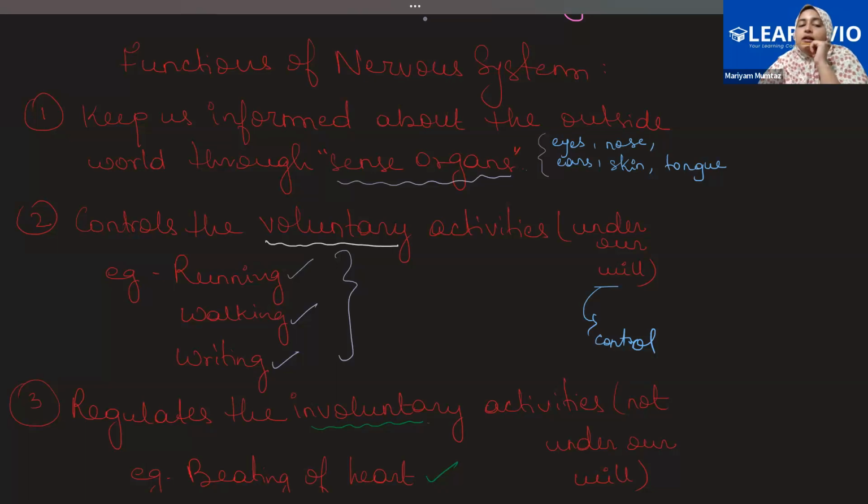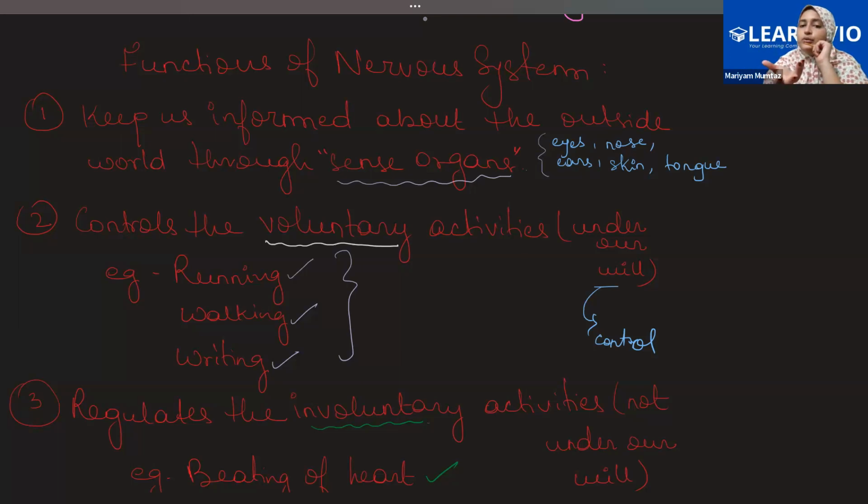Now, the second function of the nervous system is that it controls the voluntary activities. If I ask you right now to raise your hand like this, you'll be able to do it, right? If I ask you, Shazil, please note this down, you'll quickly note it down, isn't it? And if I ask you to turn your head like this, you'll do that also. So basically, you can move some parts of your body just the way you want, whenever you want to.